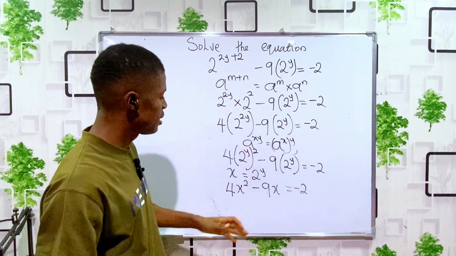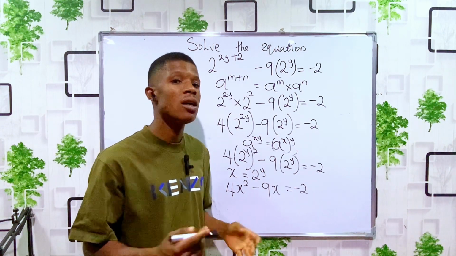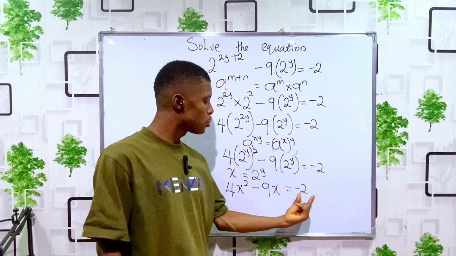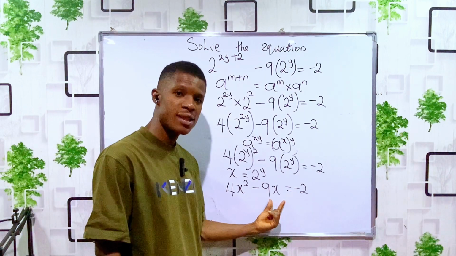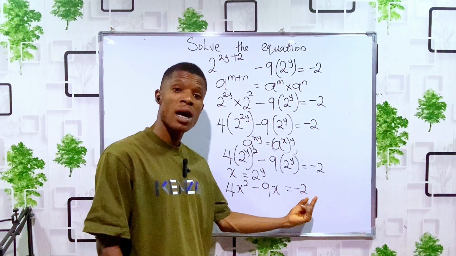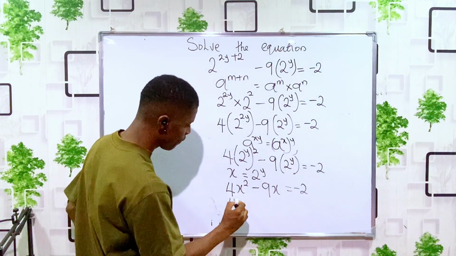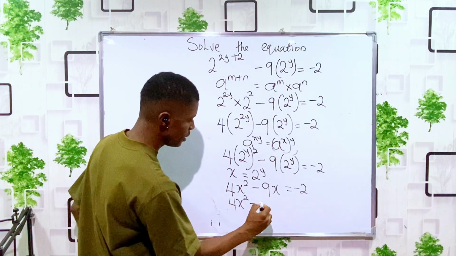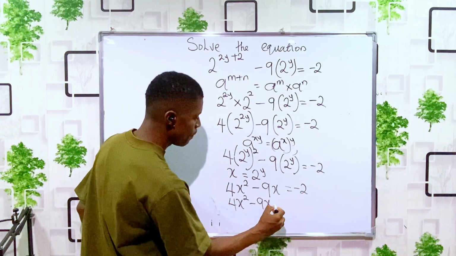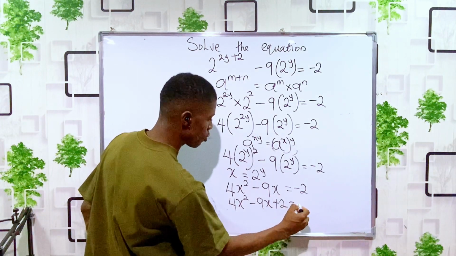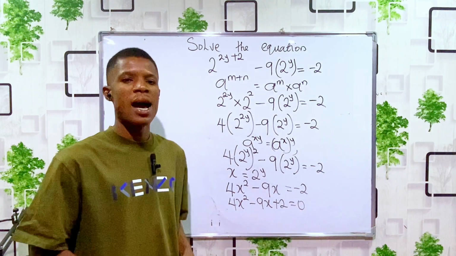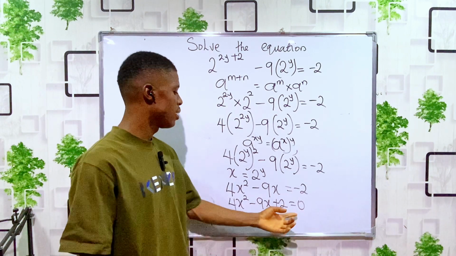And this is a typical form of a quadratic equation. So we add 2 to both sides, and you have 4x squared minus 9x plus 2 is equal to 0. And this is a quadratic function.